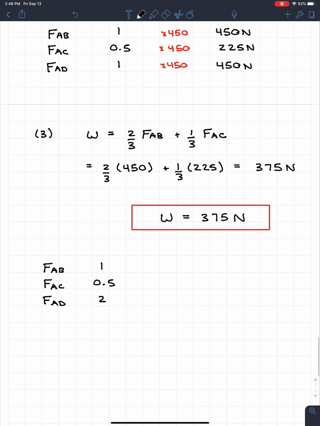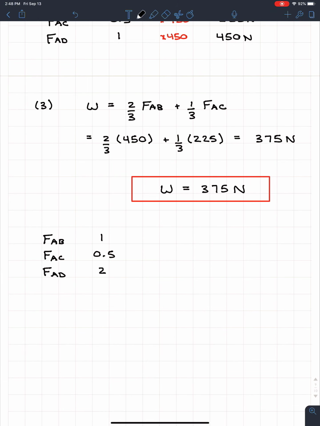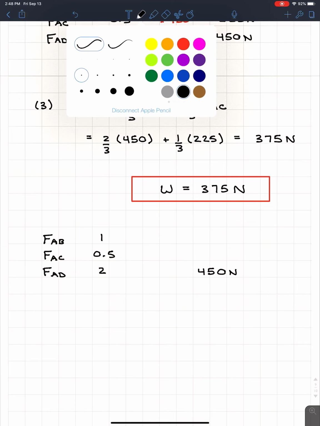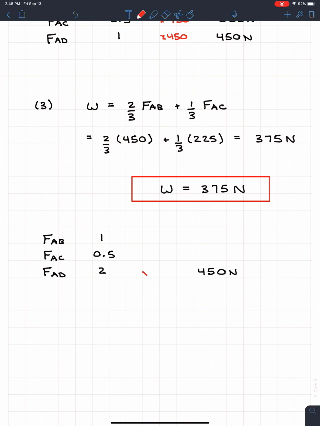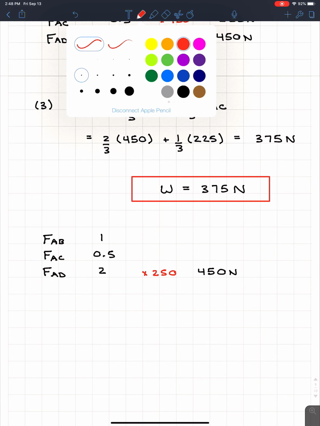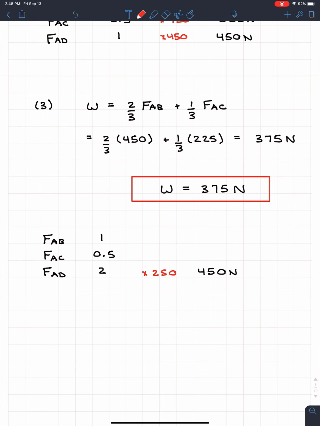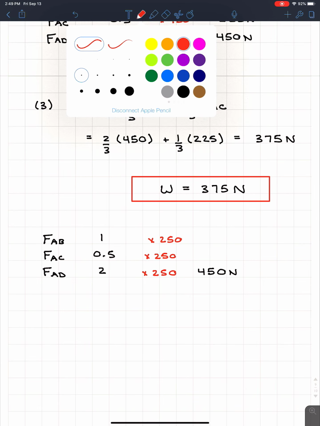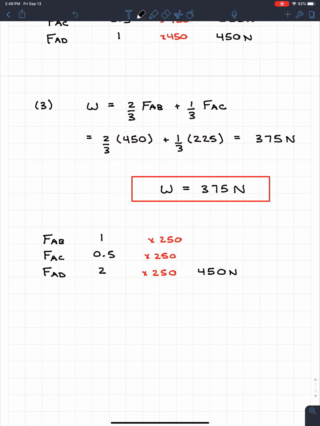So we know FAD is going to be the 450 newtons first. To get to that, we're going to times by 250. Remember, everything has to be proportional, so we have to times the other 2 by 250 as well. So our forces in this case would have been 250 newtons for FAB and 125 newtons for FAC.